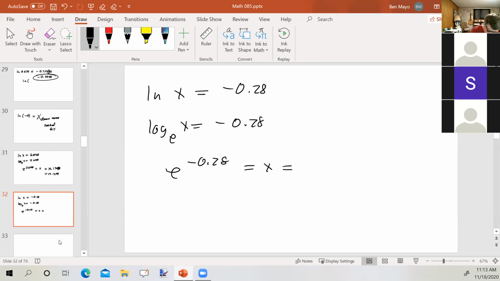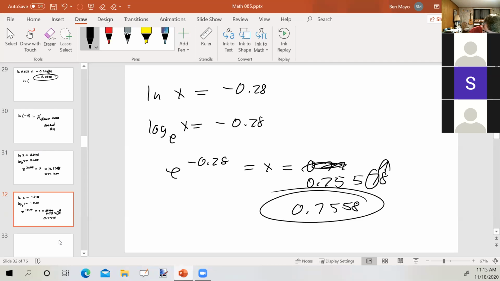Negative 0.28, 0.7, whoops, 0.75578. So the 8 would round up, 0.7558. We get that. And there you have it.